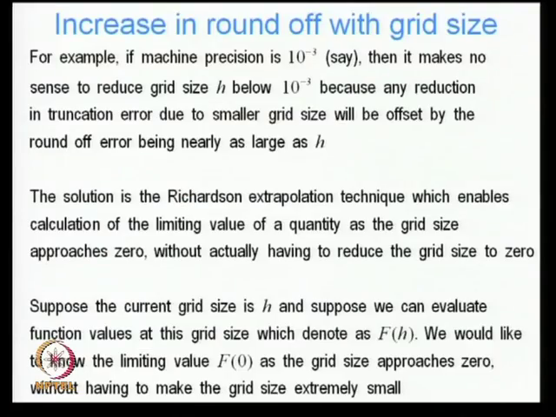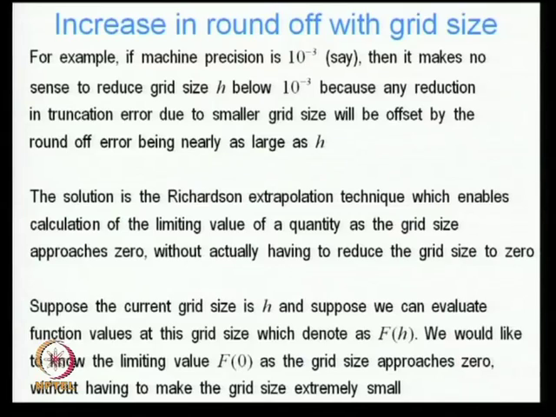So, what do we do? Well, suppose the current grid size is h, and suppose we can evaluate the function value at xi for this grid size, which I am going to call f of h.